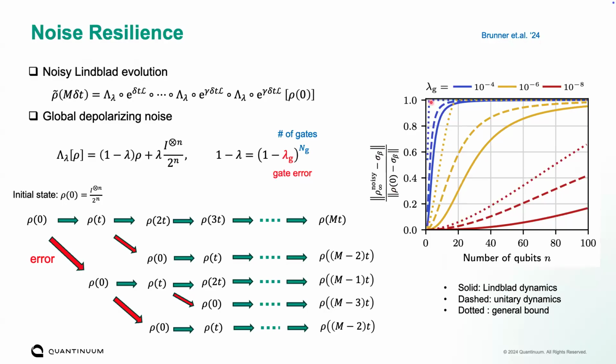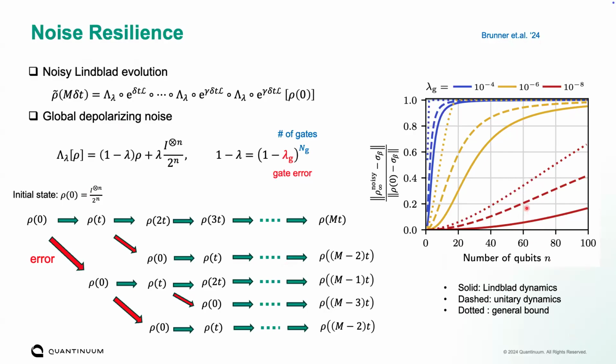There are different colors that correspond to the assumed two-qubit gate error: 10 to the minus 4, 10 to the minus 6, and 10 to the minus 8. So lambda of 10 to the minus 8 is the most precise hardware, or maybe you need error correction. The solid curve corresponds to this noisy Lindblad dynamics.